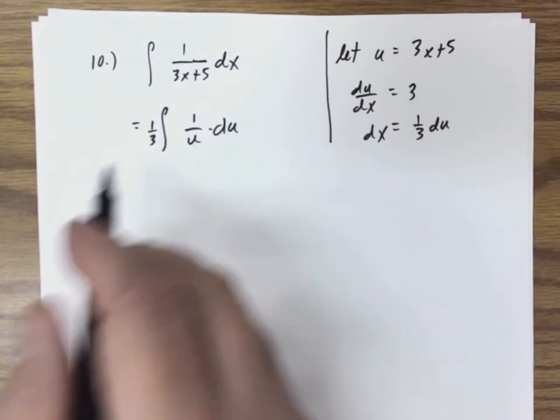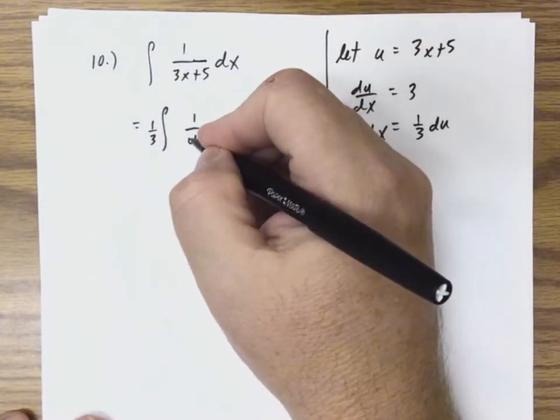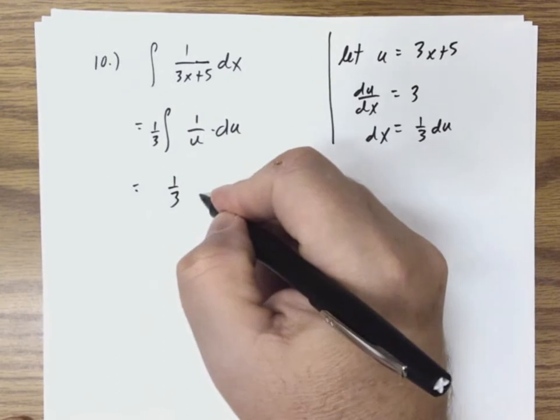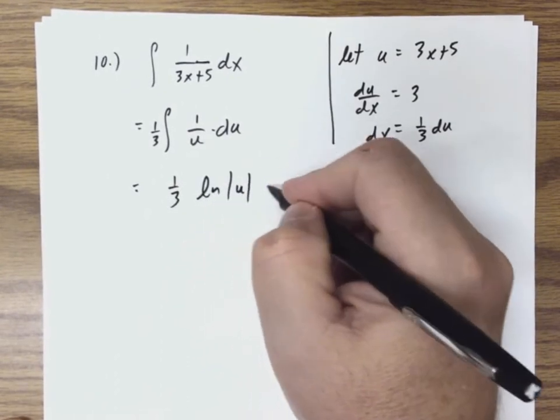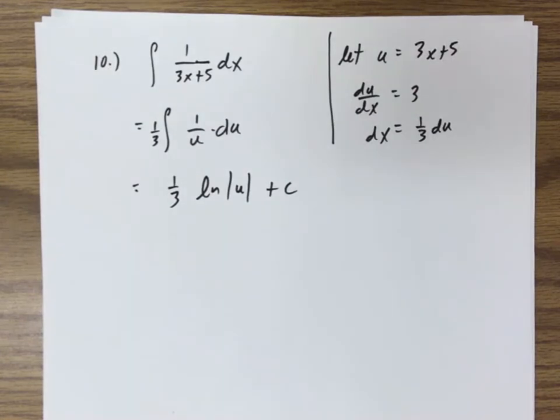And now I ask myself, can I solve this integral? And yes, I can, and hopefully you remember by now it's that special case where you have 1 over the variable by itself. Hopefully you remember the integral of 1 over u du is just natural log of u, natural log of absolute value of u.